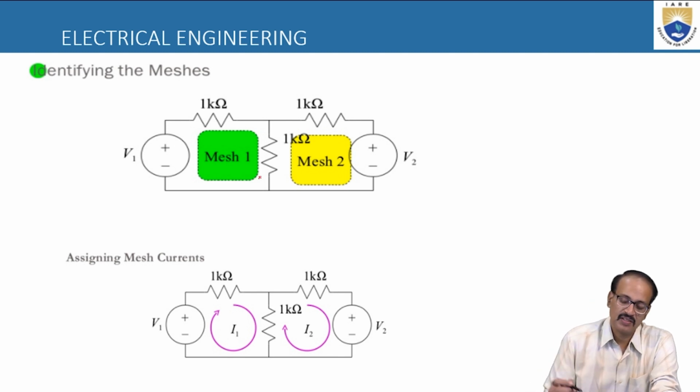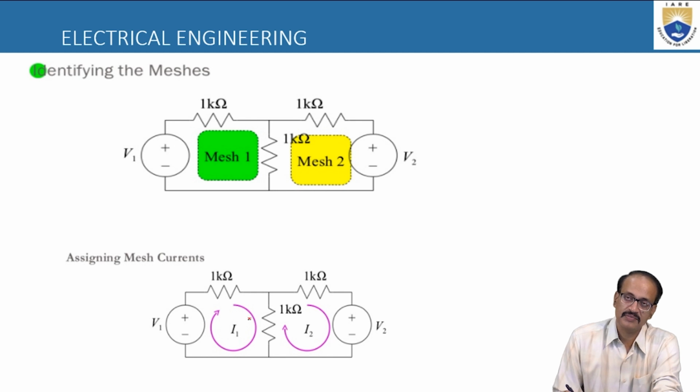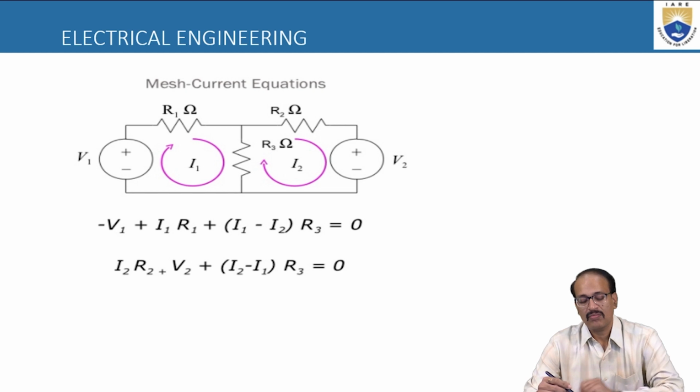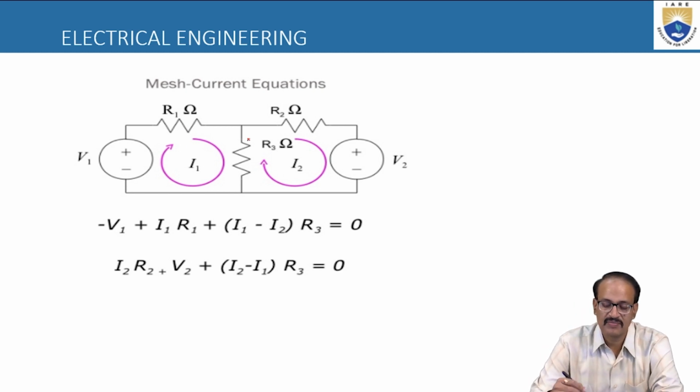So I have to imagine two currents, I1 and I2. I have imagined both the currents in the clockwise direction. So I will start from here, and here there is a negative sign, so I will write minus V1 and R1 and the current, so I1 R1. And this R3 is common for both the meshes or both the loops.